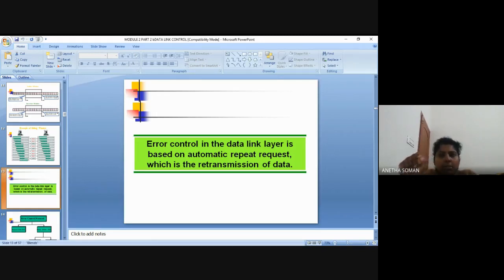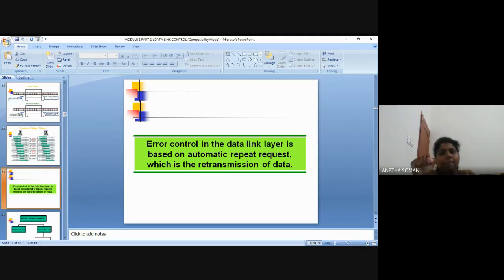This type of protocol allows the receiver to inform the sender of any frames that are lost or damaged, so that a retransmission of those frames is a must. So how is it being implemented?